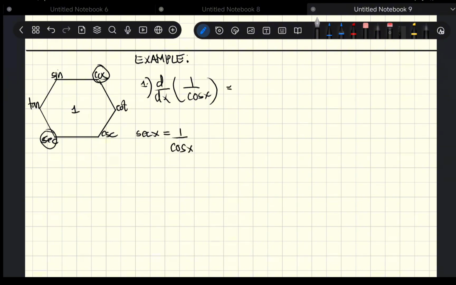So d over dx of secant x, and we all know the derivative of secant x is what? First, we're going to copy secant x, then we move up, tan x.